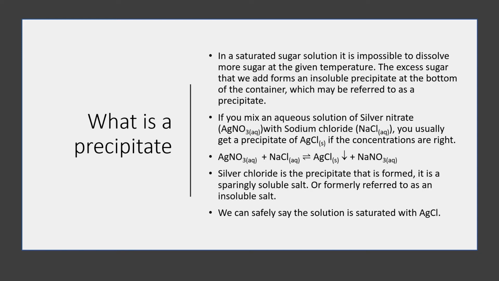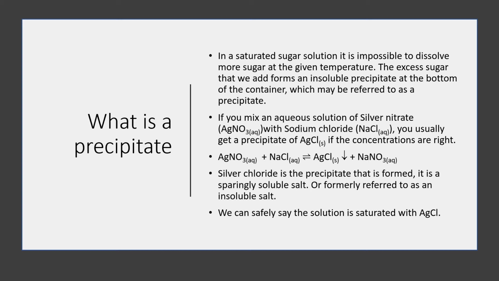If you mix an aqueous solution of silver nitrate with sodium chloride, you usually get a precipitate of silver chloride. If the concentrations are right, definitely a precipitate will form. So concentrations do matter.